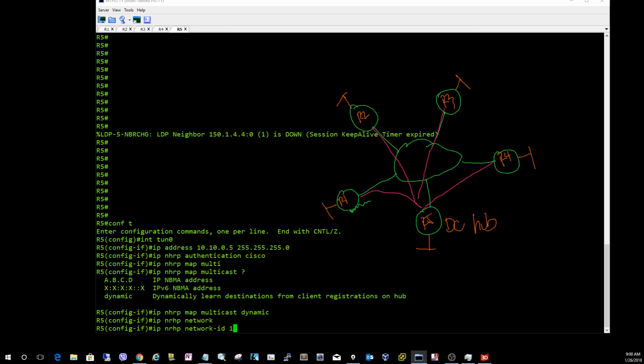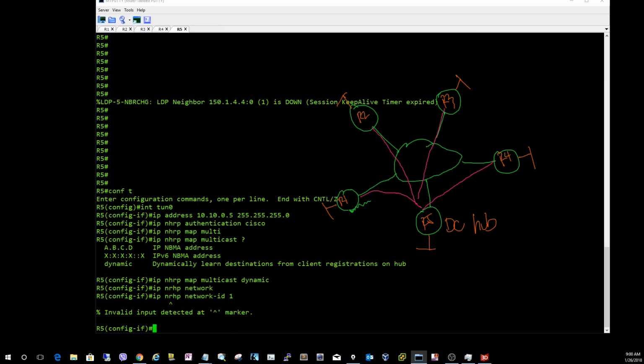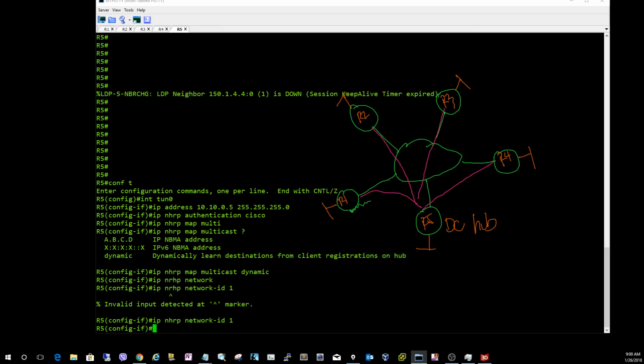So network ID is 1. IP NHRP network ID 1. And this shall run interface tunnel 0.